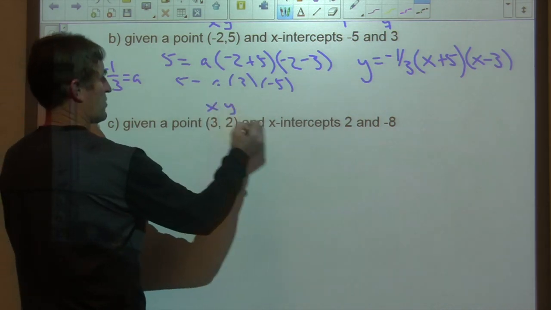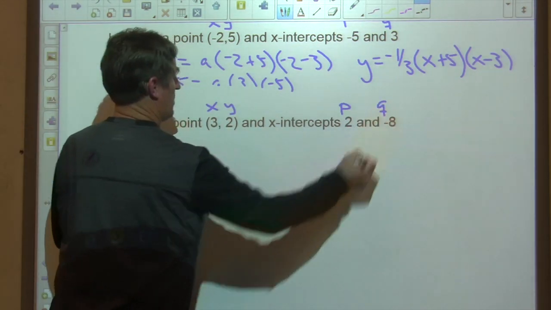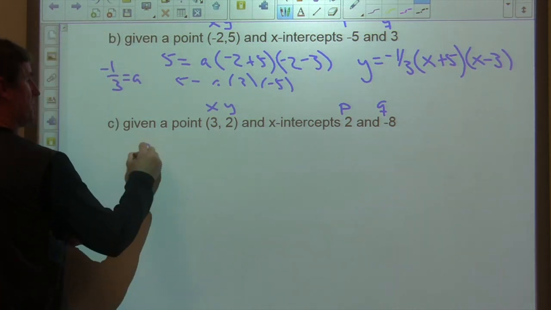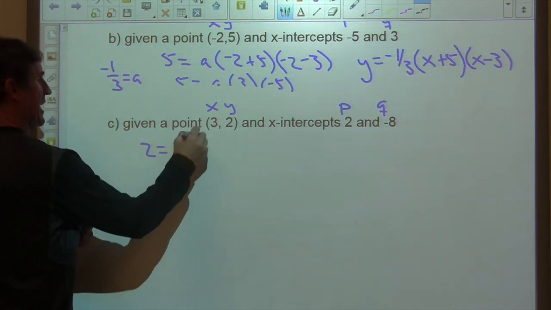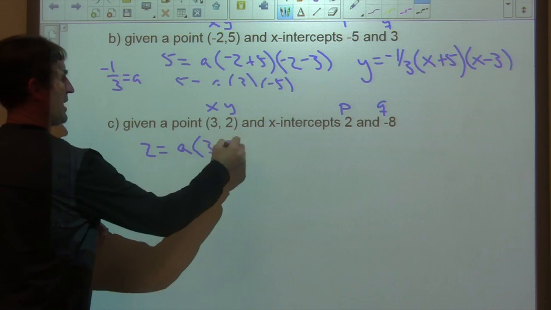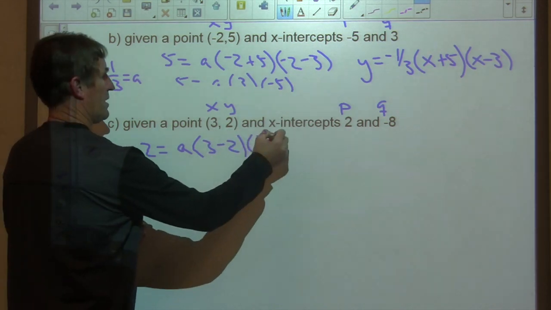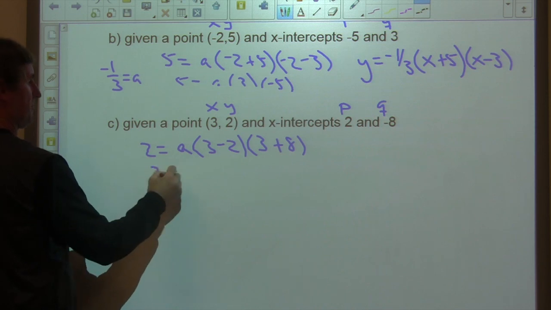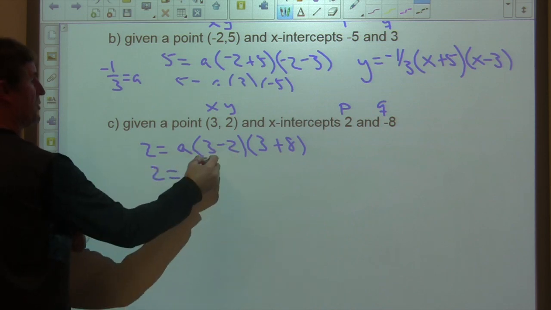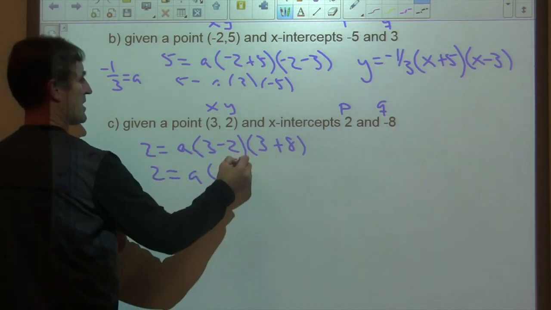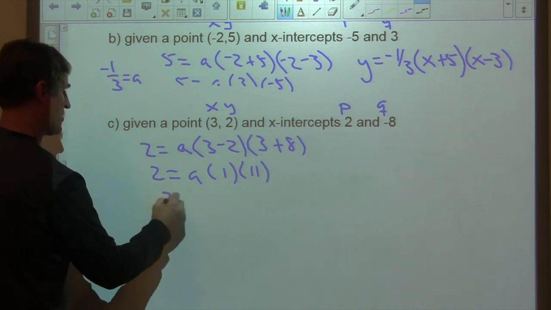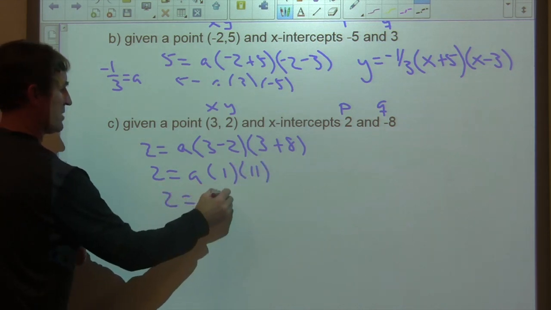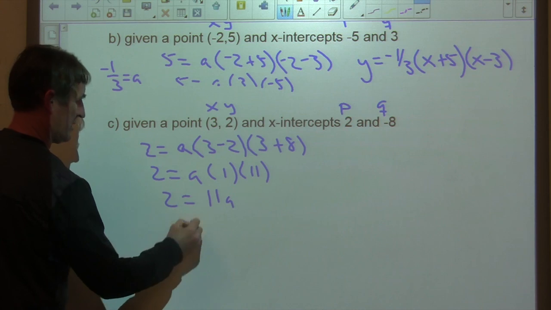So we label it x, y, p, q. So 2 equals a, 3 minus 2, 3 plus 8. 3 minus 2 is 1. 3 plus 8 is 11. So we get 2 equals 11a.